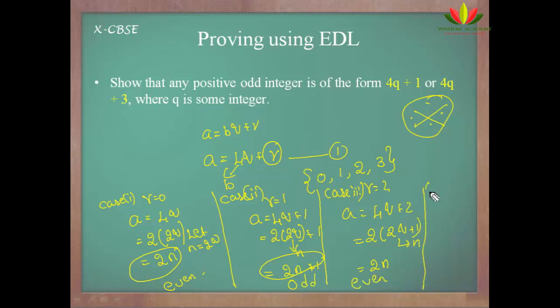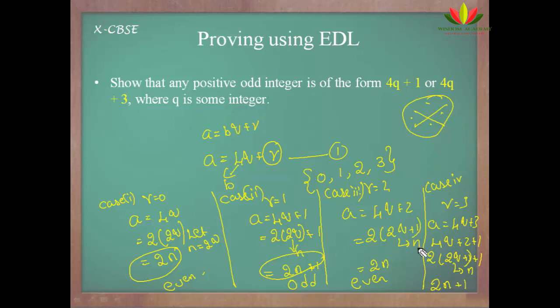Case 4 is r is equal to 3, that is a is equal to 4q plus 3. Now 3 can be written as 2 plus 1, so we can write it like this, right? So I am taking this 2 common from outside. So 2q plus 1 we will get. I will take this as n, so 2n plus 1 I will get.